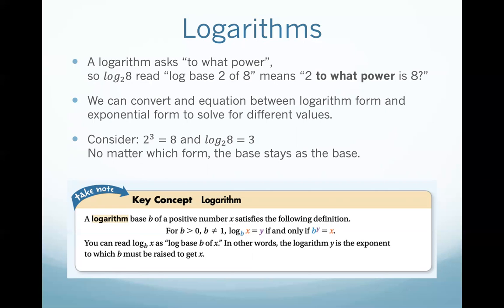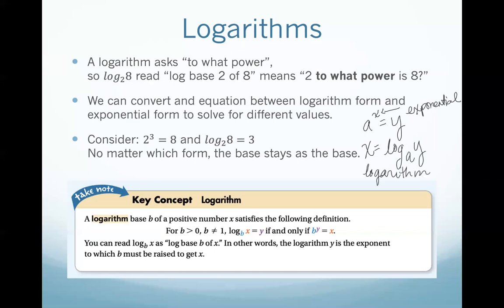I can say a to the x is y. This is exponential form, right? X is in the exponent, so this is exponential. Or I can say now, if I wanted to solve for x, I could say x equals log base a of y. This, where x is not an exponent, is logarithm form.